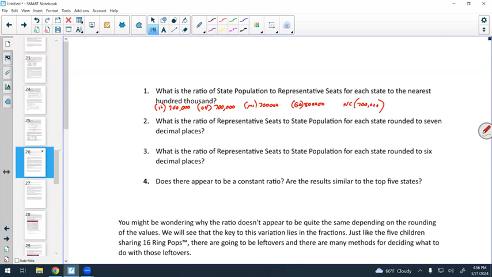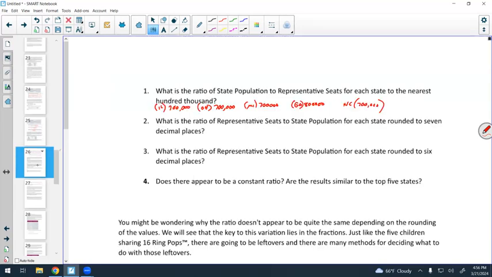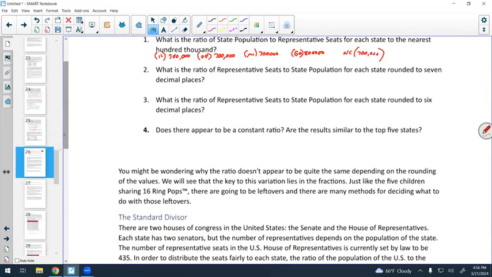Next, what is the ratio of representative seats to state population for each state rounded to 7 decimal places? So here, we're going to take this and divide it by this. And we end up with Illinois being 0.0000014. Of course, Ohio is going to be the same, as well as Michigan.